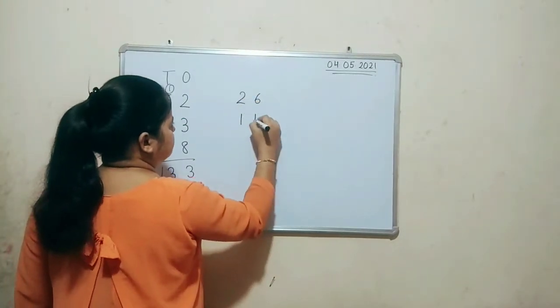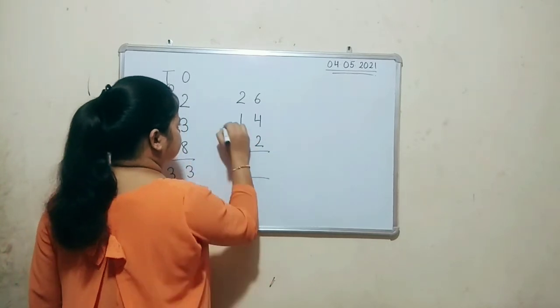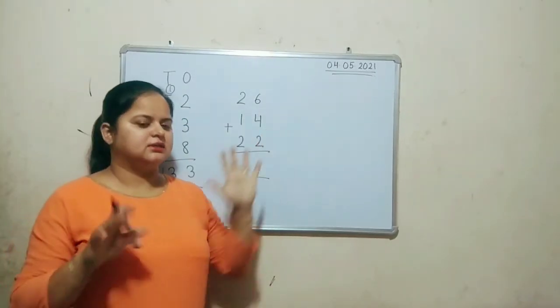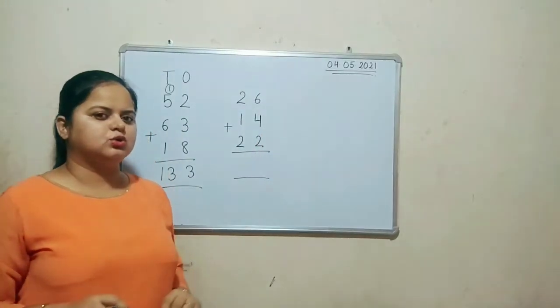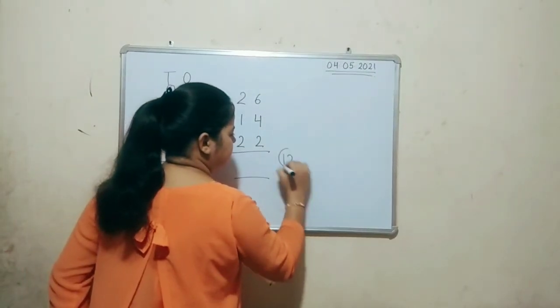26, 14, 22. 6 and 4, 10. 10 and 2, 12. 12.